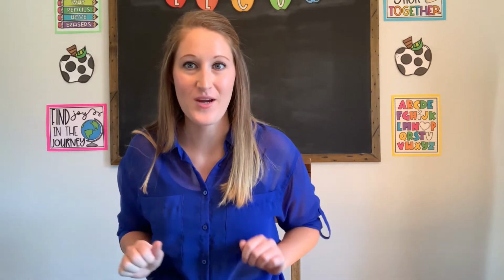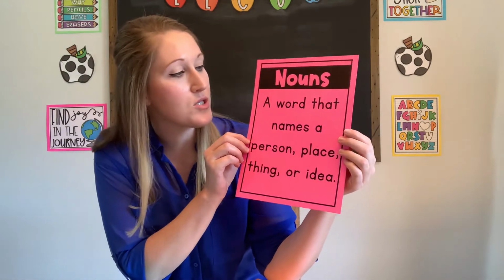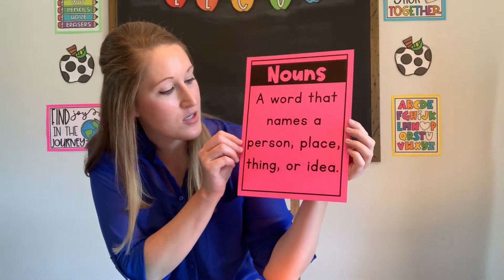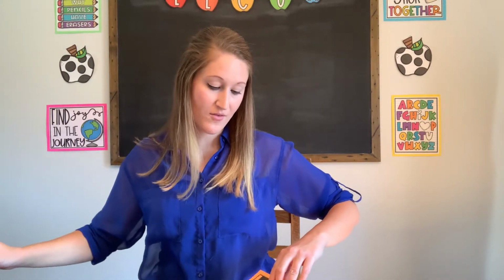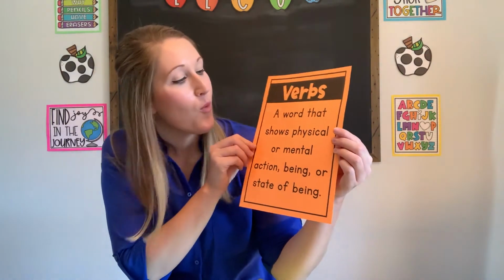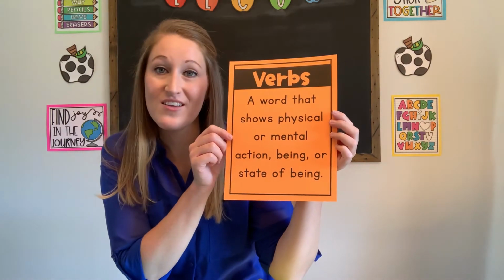So let's get started. This week we have been talking about all things grammar. So let's start with a quick review about the different parts of speech that we have covered. We've covered and talked about nouns. Those are words that name a person, place, thing, or idea. We've talked about verbs, words that show physical or mental action, being, or state of being.